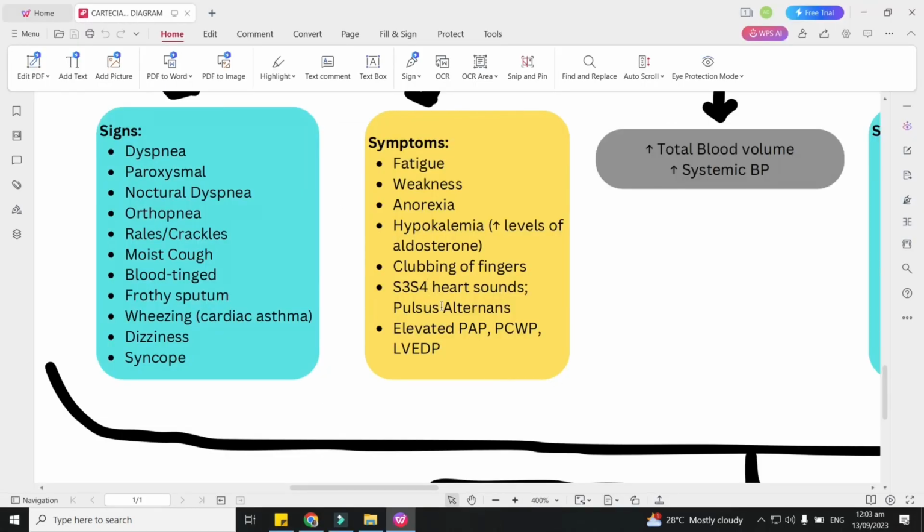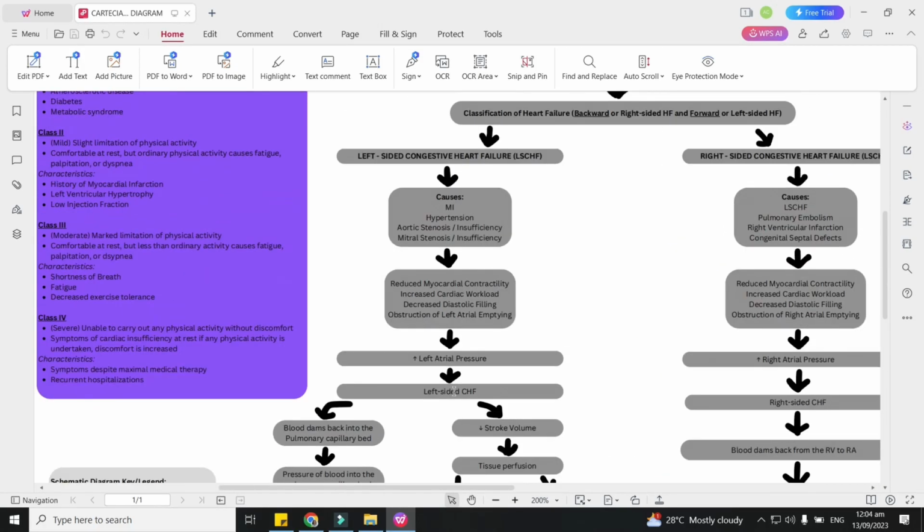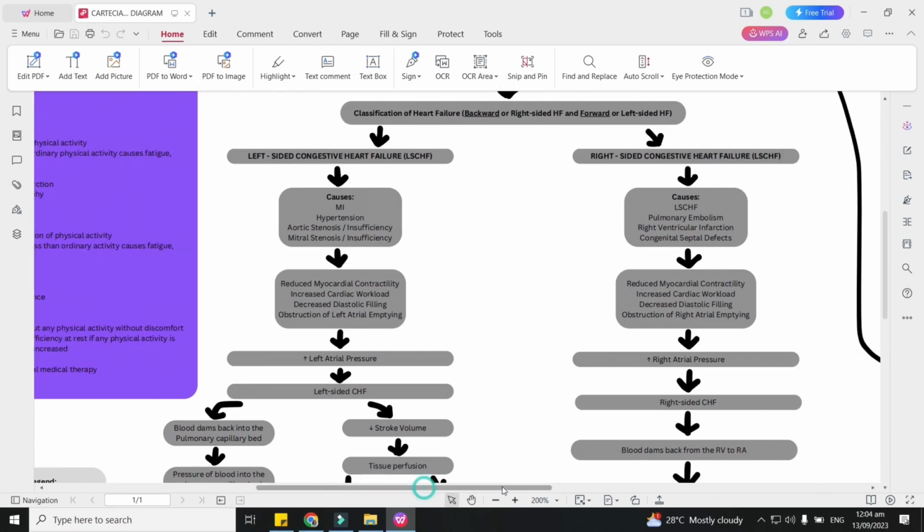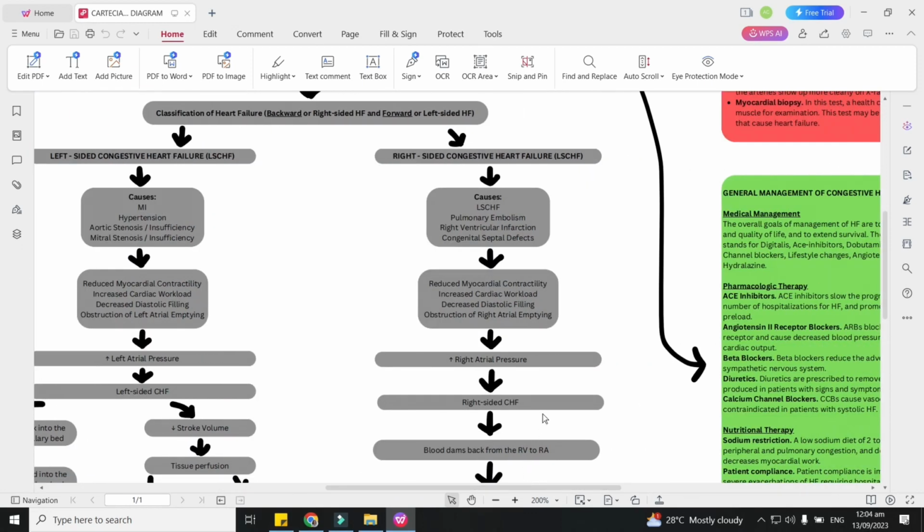So that's the symptoms that the physician may observe, or any healthcare worker. We have also pulsus alternans and elevated PAP, PCWP, LV EDP. So that's basically for the left atrial pressure.